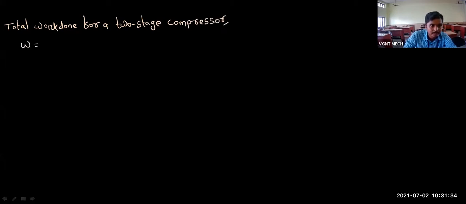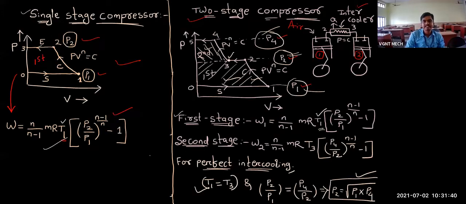Okay. So total work done becomes W equal to W1 plus W2. Because for the first stage the work done is W1, and for the second stage the work done is W2. So the total work done becomes W1 plus W2. We will add both the things. So W1 is this much, W2 is this much.